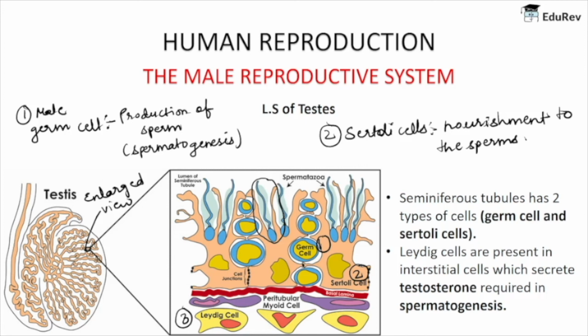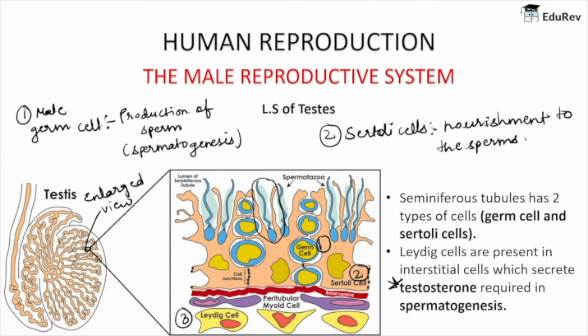Now, what are the functions of Leydig cells? Basically, Leydig cells present in the interstitial spaces secrete a very important hormone, which is called testosterone. And as we know that testosterone is required in the process of spermatogenesis, that is how you see how these 3 cells are interrelated.